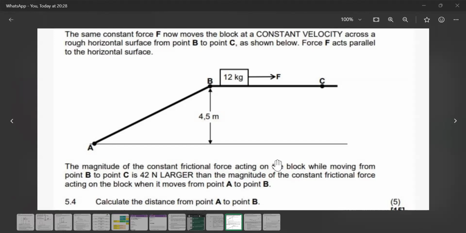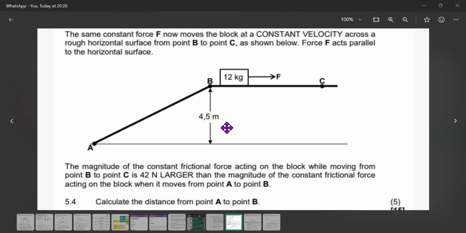You can use your energy principles, because you understand that displacement is there in the net work, for instance, or in the work done by any force. Or you can use your equations of motion in order to find your distance. But let's analyze the situation carefully.